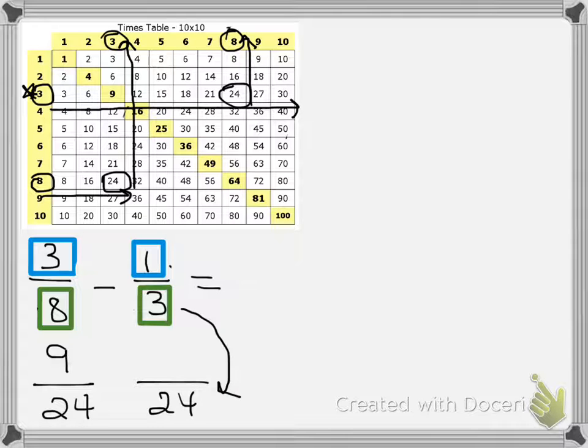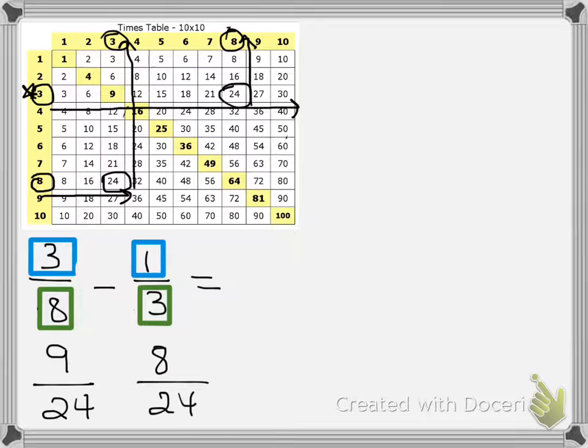So I need to multiply 3 times 8 to get 24. And then I also remember that because I multiplied the denominator by 8, I also have to multiply the numerator by 8. And 1 times 8 is 8. So now I have my two equivalent fractions.